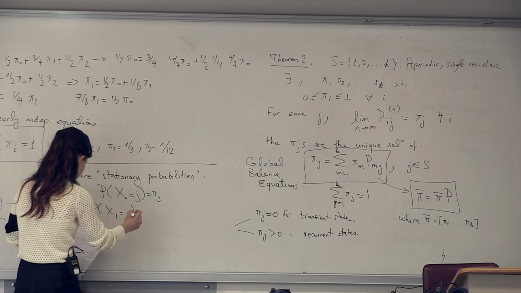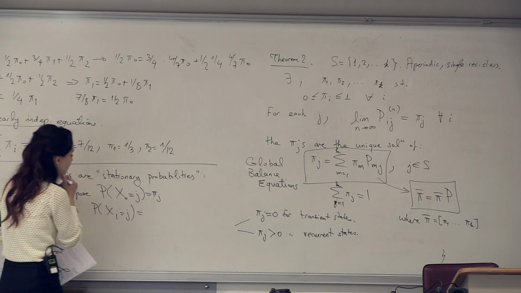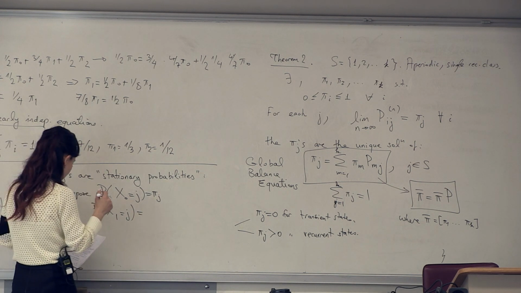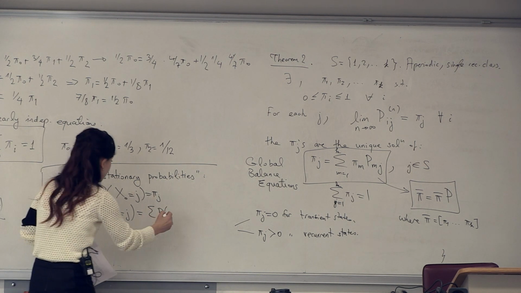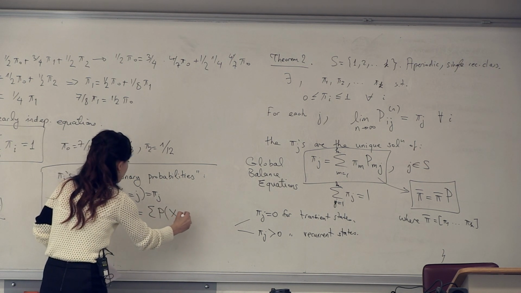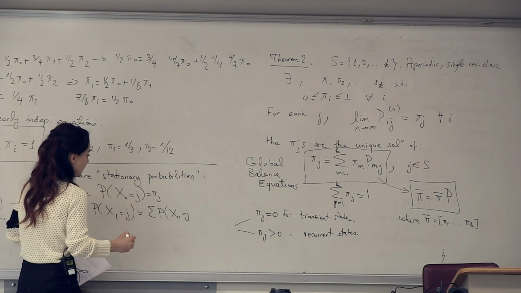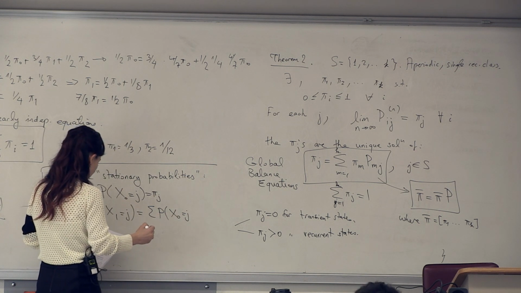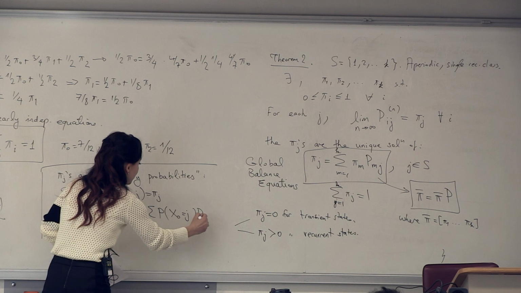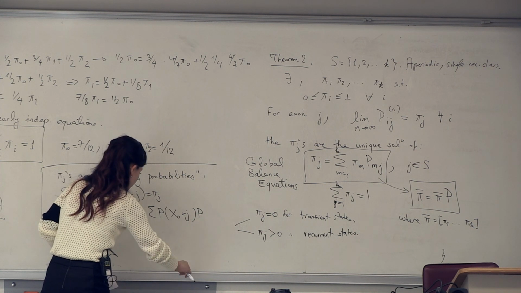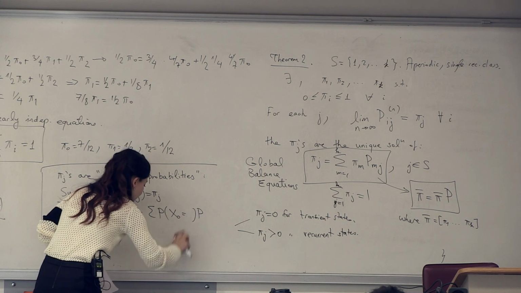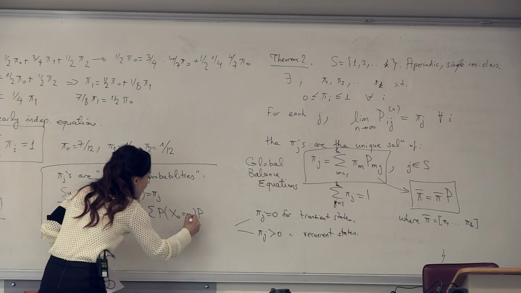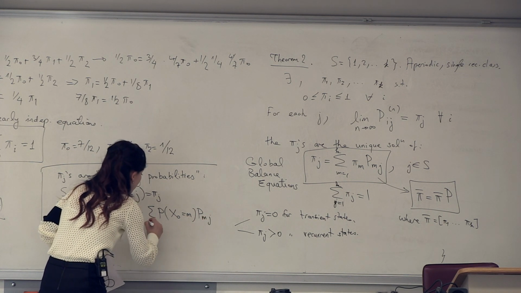Well, the probability that X1 is equal to j is the sum over all m of the probability that X0 is equal to m times p m j.